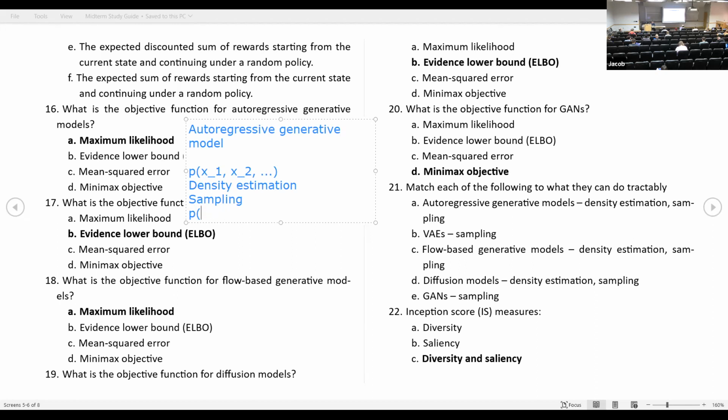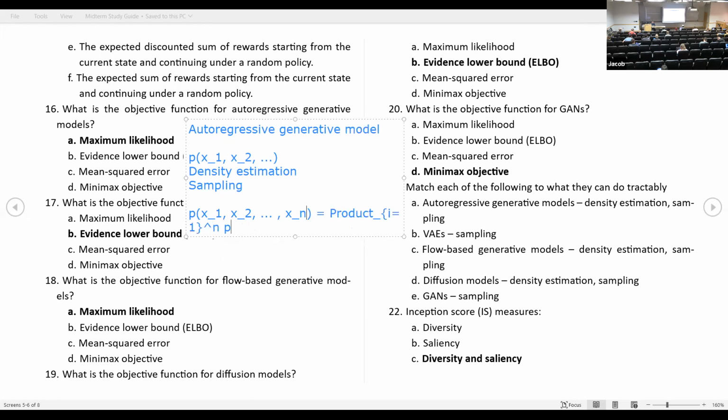We can take a joint probability distribution, and that will be equal to the product from i equals 1 to n, expanding all the way to xn, of the probability of xi given x1 all the way up to xi minus 1.